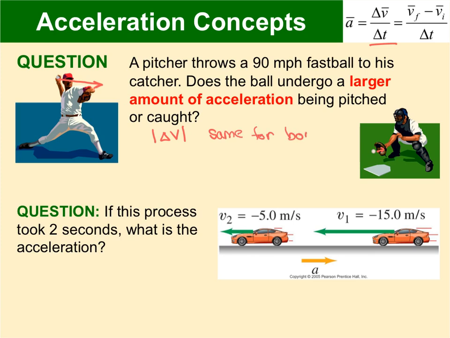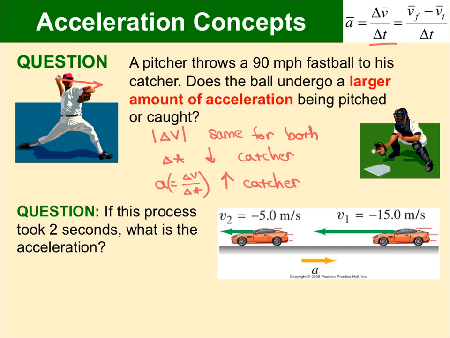However, you can look at the time interval for the catcher is very small. That down arrow means small, and therefore the acceleration, which is equal to the change in velocity over the change in time, is very large for the catcher. The catcher has to wear ridiculous amounts of protective equipment.